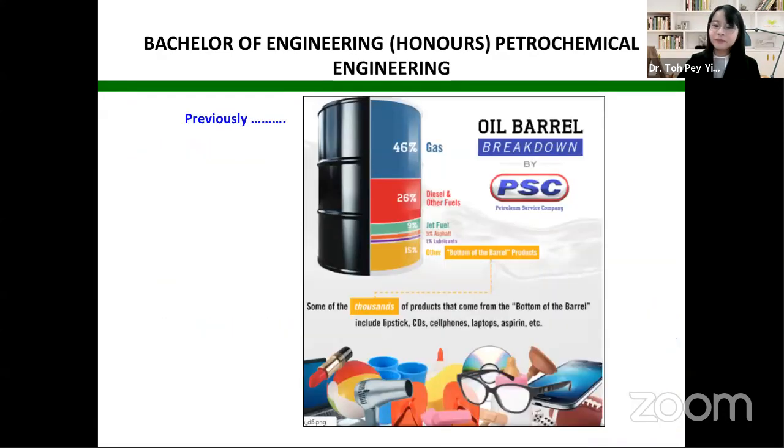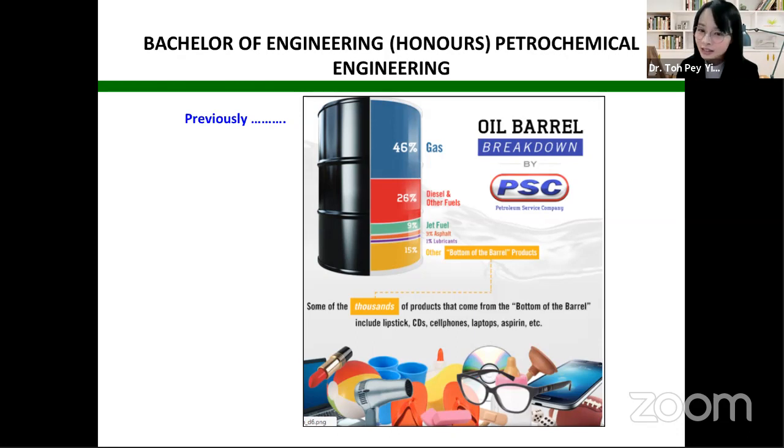Now another piece of information to share. Today, when the oil price is fluctuating, people will worry about whether enrolling in a petrochemical engineering program will affect their future career. Now you already understand what petrochemical engineering is.